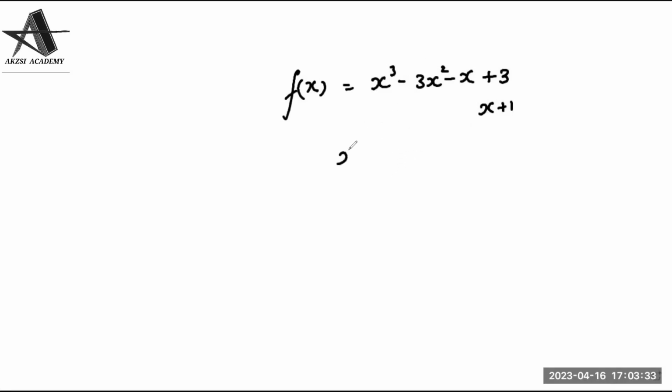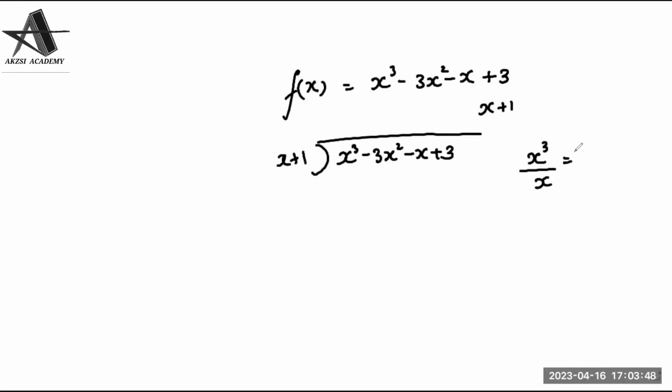So x cubed minus 3x squared minus x plus 3 divided by x plus 1. Same as before, take the first element of the dividend over the first element of the divisor, which gives you x squared. So you write x squared there and multiply it with every term of the divisor.